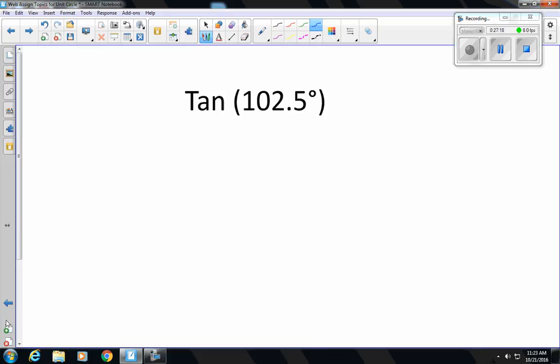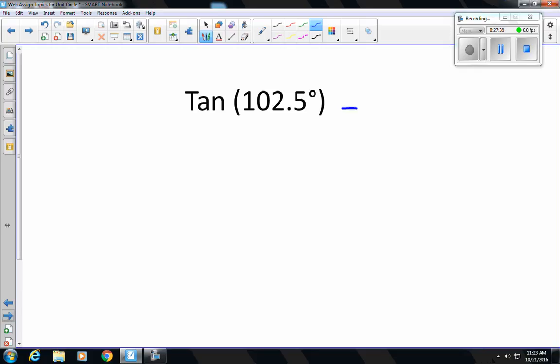Okay. Next question. Tangent of 102.5. What's the first thing you need to do? Change your calculator mode to degree mode.